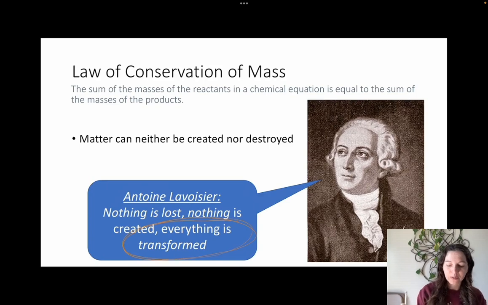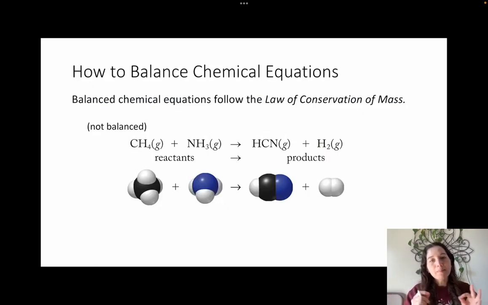I really like this quote. Everything is transformed. So it just changes the way it looks, but nothing's ever disappearing or reappearing. So if we keep that in mind, we can say that when we balance chemical equations, nothing should ever disappear or reappear. It should just be in a different form.